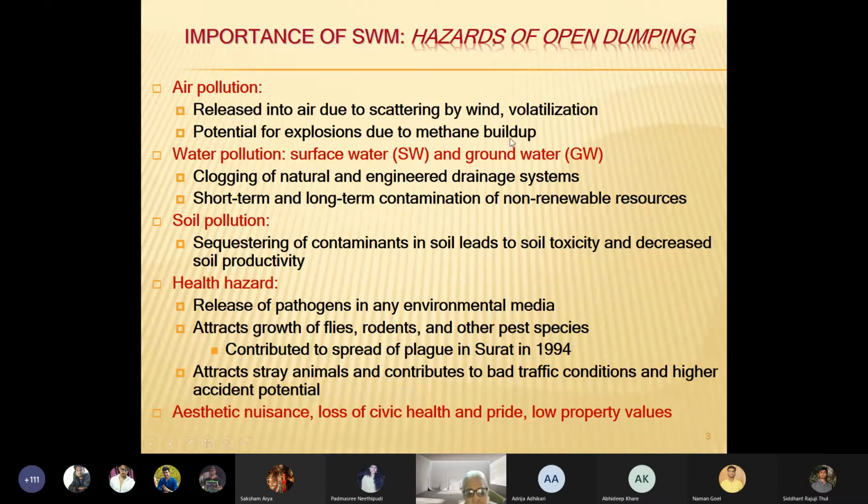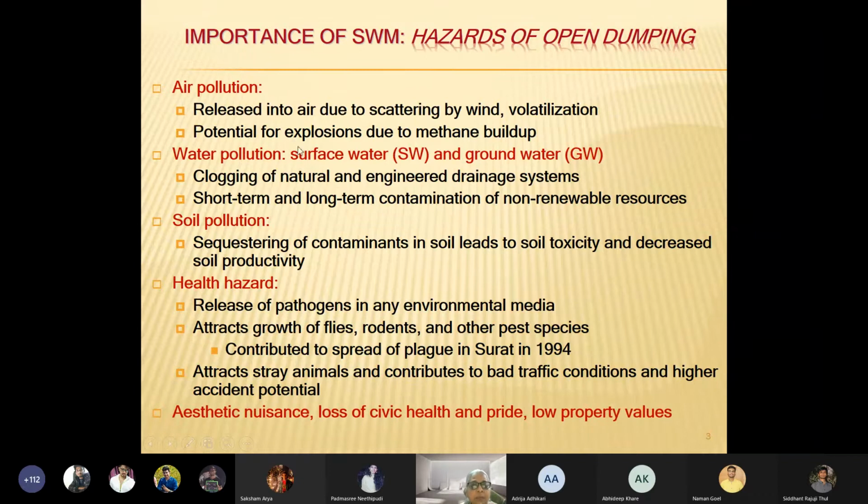There will be some amount of degradation, which will lead to the generation of what we call volatile organic compounds, and these will volatilize. So anytime you pass by a waste dump and it is stinking, that's because of volatilization of certain compounds, volatilization of gases. All that will lead to air pollution.